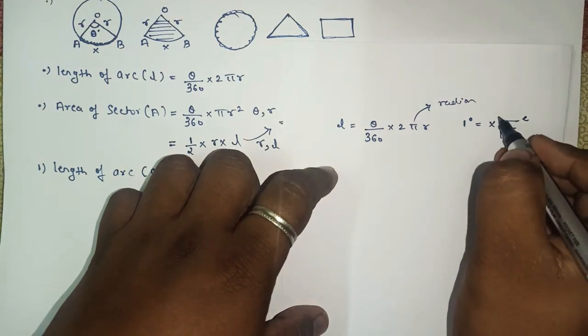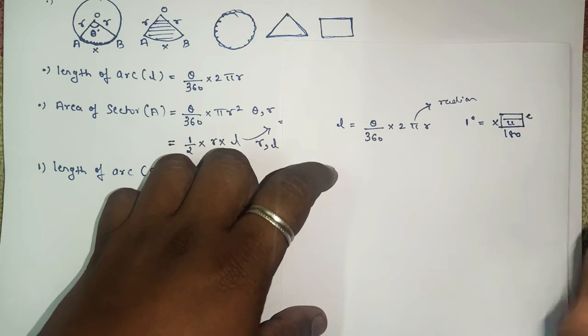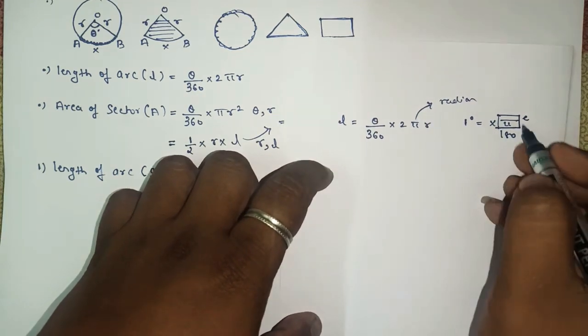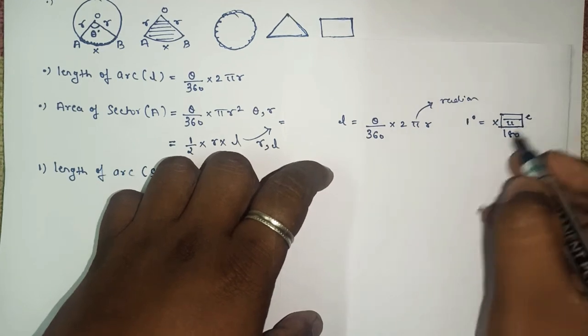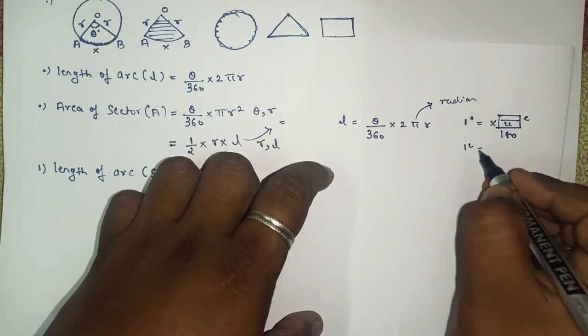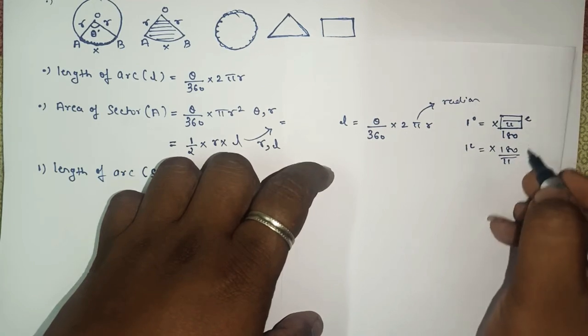So whenever in the numerator you see pi, basically we consider it is in radian. And for radian to degree, the concept was 180 upon pi.